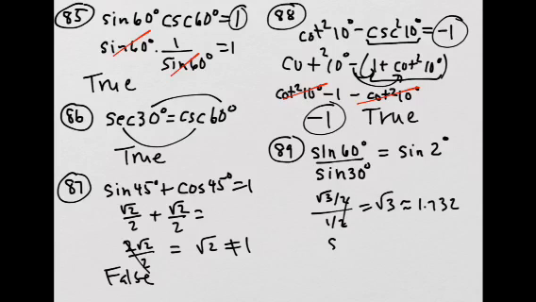And if you take the calculator and do sine of 2 degrees, making sure you're in degree mode, you get 0.0349. So these are not equal to each other, so this is false. What this tells you is that you can't reduce the angles and get sine of 2 degrees.